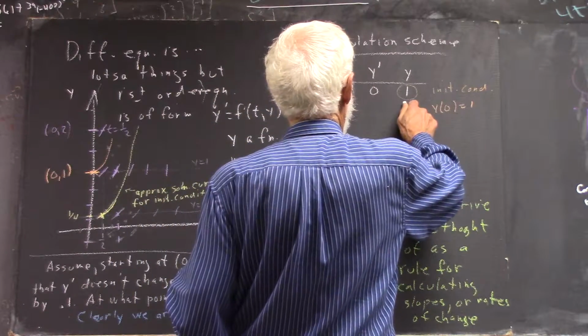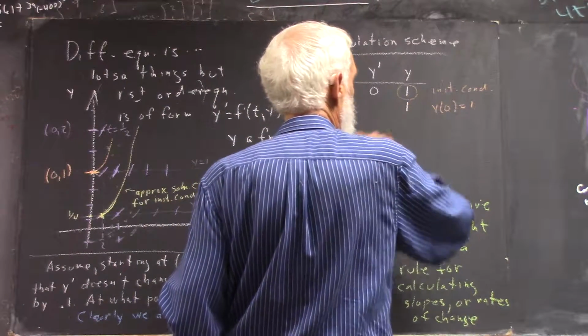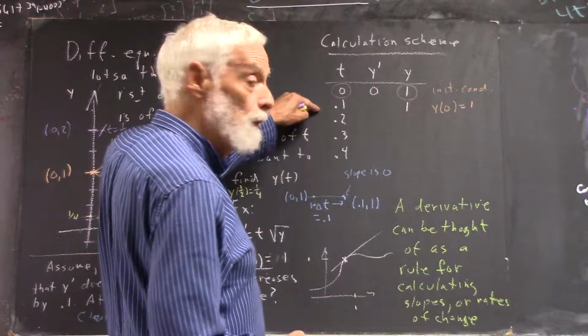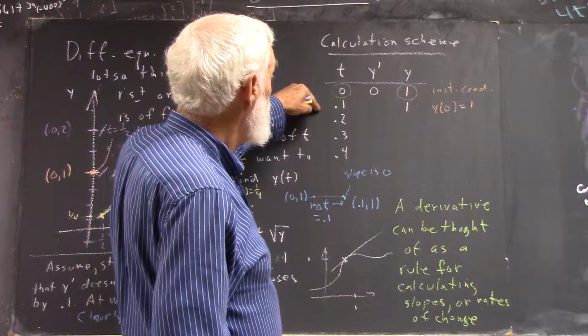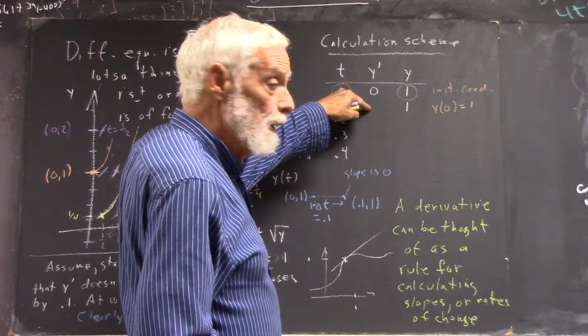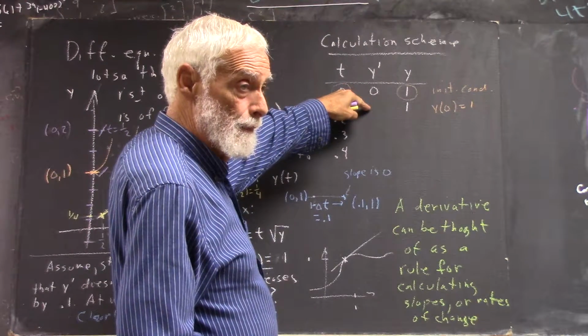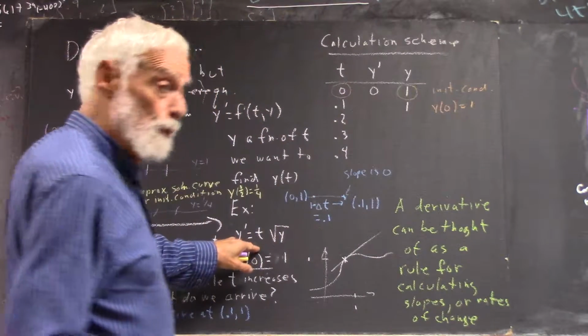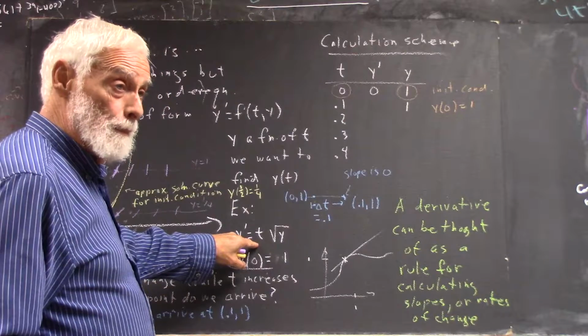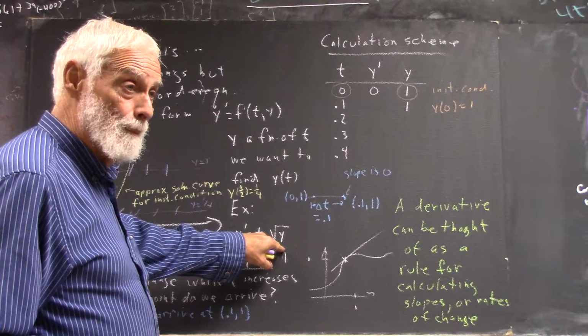So now y is 1, and t is 0.1, right? So now what's the value of y prime? y prime is now going to be 0.1 because t is 0.1 and y is 1, right?